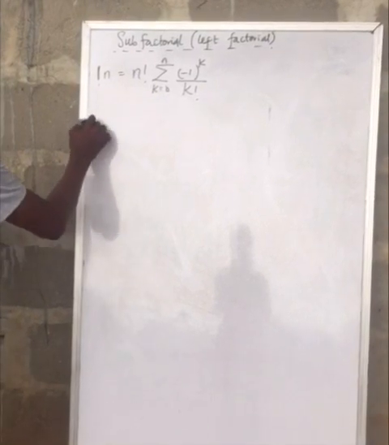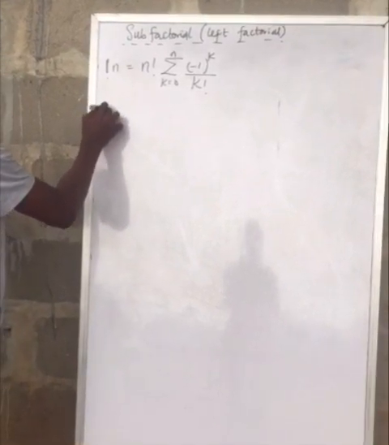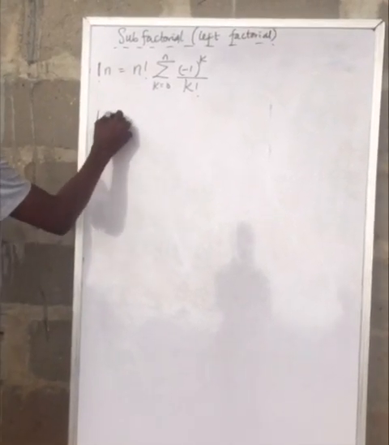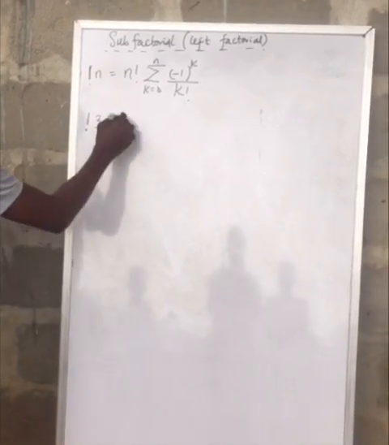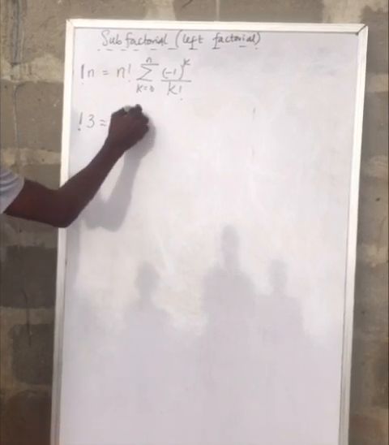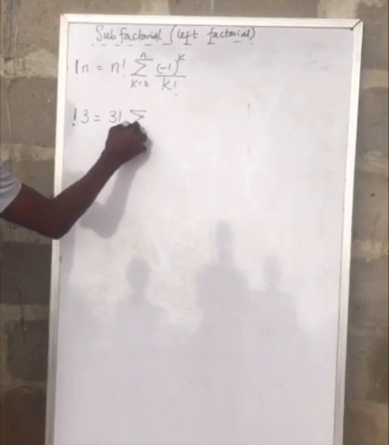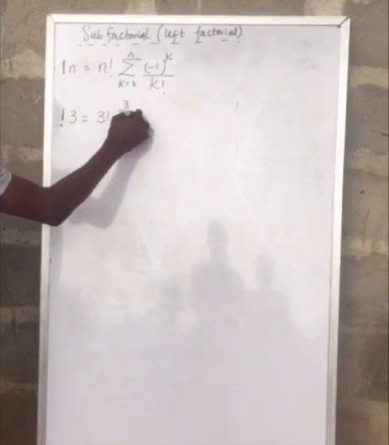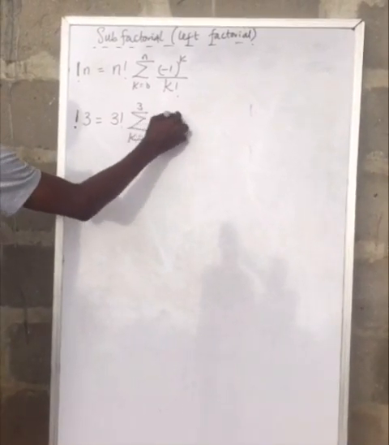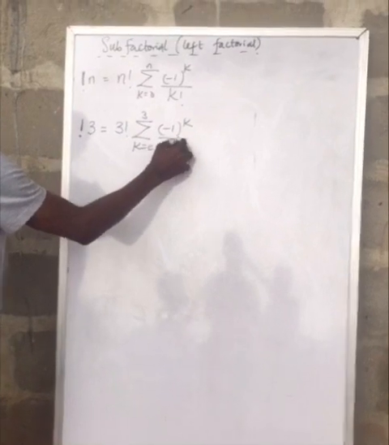So for example, if I ask you to find the subfactorial of 3, the subfactorial of 3 becomes 3 factorial times the summation, k from 0 to n, which is 3, of (-1)^k over k factorial.